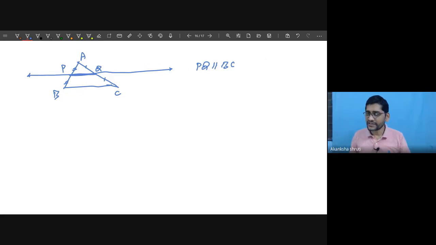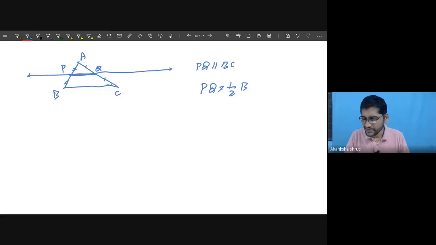Also, what is the other one? AP is equal to PB, AQ is equal to QC because Q is the midpoint here. So the length of PQ can also be calculated from the length of BC.